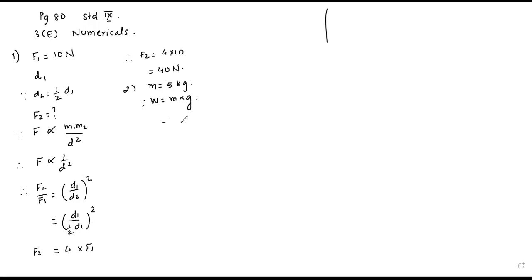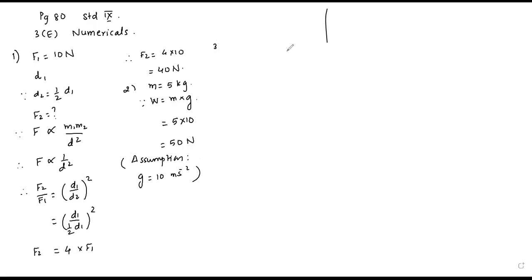Now they are saying approximate, so I will take the value of g as 10. It is 5 into 10, which is equal to 50 Newton. The assumption is g is equal to 10 meter per second square. This is our assumption.